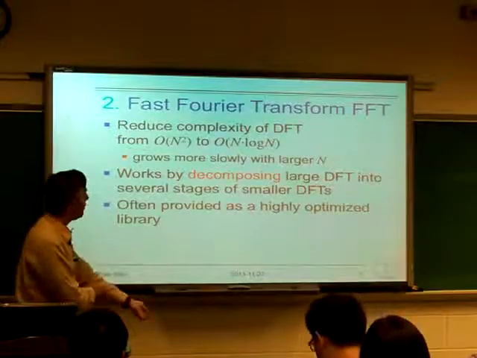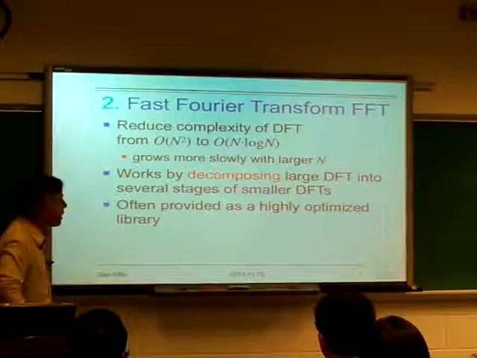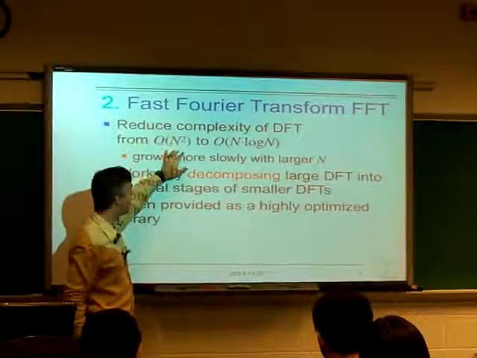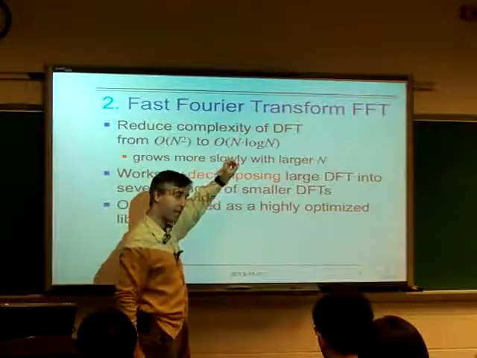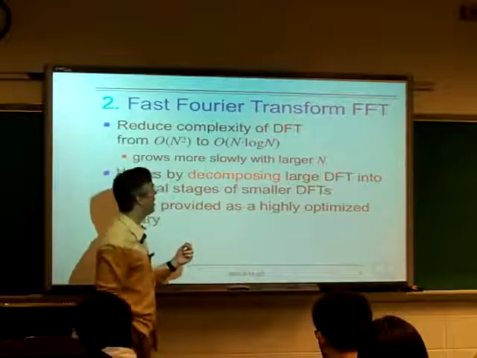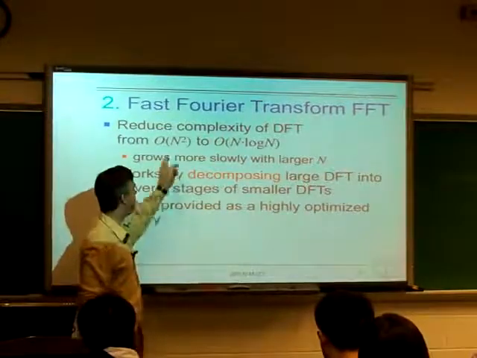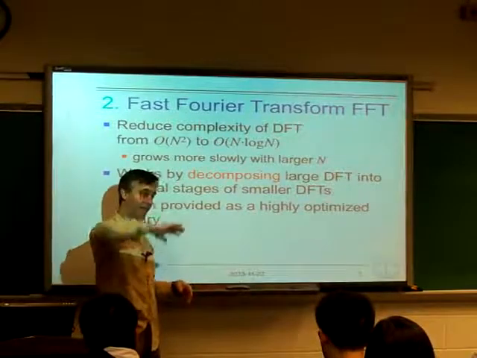Okay, so now the main event here, the fast Fourier transform. And the point is here, rather than having complexity that goes as n squared, we're going to come up with an algorithm that calculates the same thing, the full DFT, but in only order n log n calculations. And that's a big deal because log n grows much more slowly than n, right?